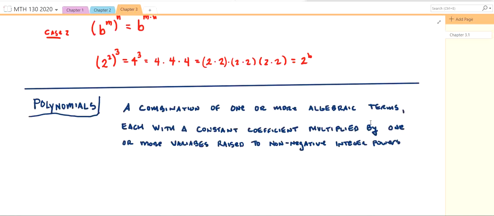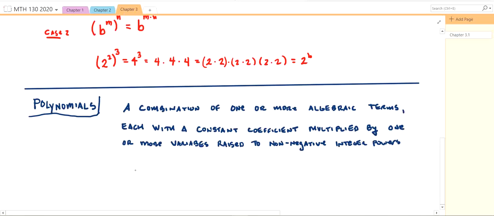Okay, we're going to talk a little now about polynomials. So a polynomial is a combination of one or more algebraic terms, each with a constant coefficient multiplied by one or more variables raised to a non-negative integer.